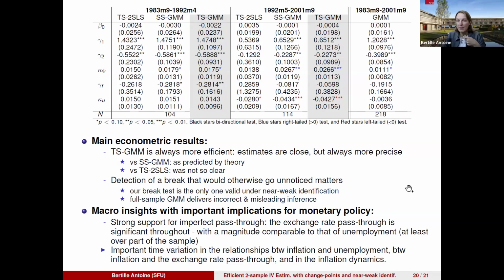What I do say is that we have an important message in terms of the pass-through, right? It is significant throughout, and that's a result that is new. The second thing is that the magnitude of the pass-through is also comparable to that of unemployment, at least for part of our sample.